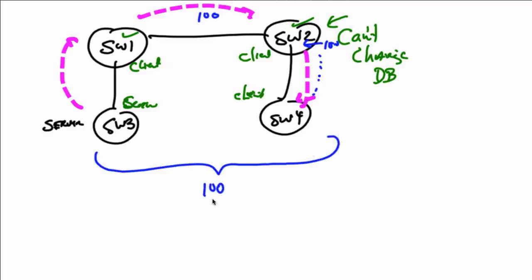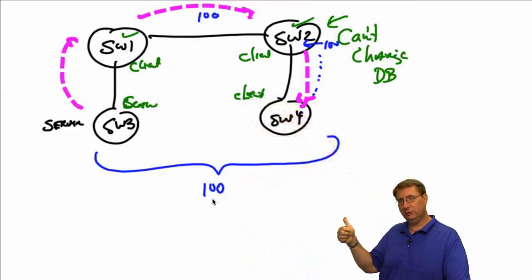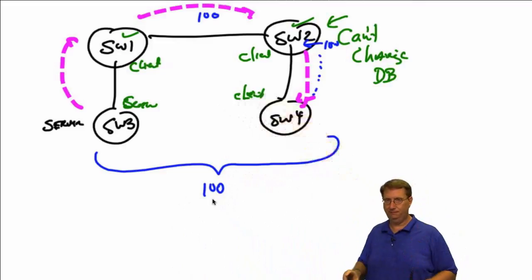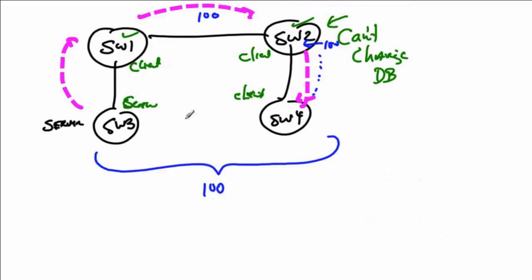Now, what we have to recognize here is we have two behavioral situations. We have first the idea of a transparent switch, and then we have the idea of this client and this VTP bomb. So let's go through and look at this. Now, we said that I could create a series of VLANs. So let's say I created 10 VLANs. So we'll create 101, 102, 103, 104, 105, 106, 107, 108, 109, and 110.